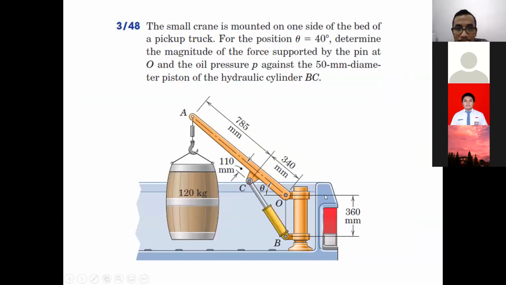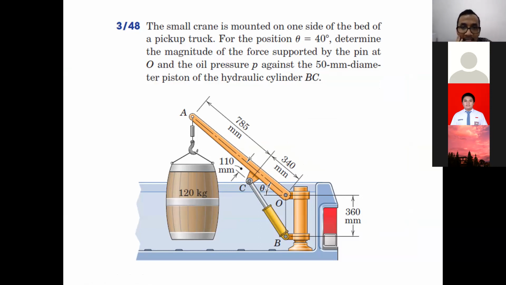Yes, sir. So this is the problem. Basically, there is a small frame which is mounted on one side of the bed of the pickup truck, and the shape is like this. The condition is like this.